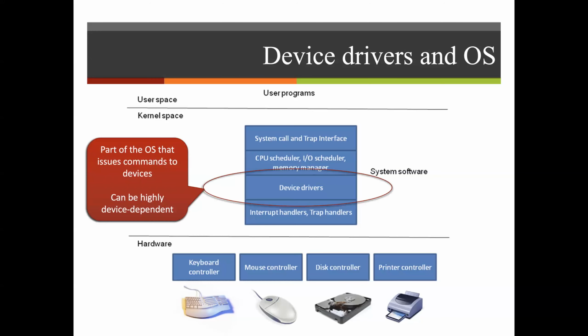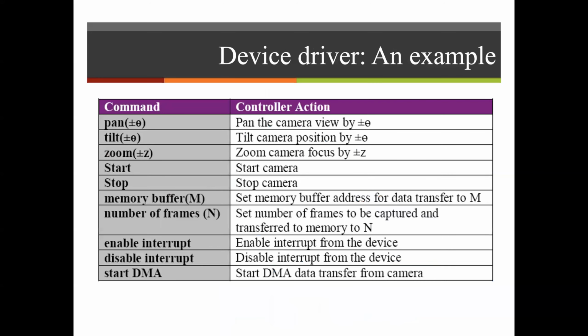And so our device drivers are going to be a part of the OS that issues commands for devices. And it can be very much device dependent since each device is going to need its own driver. And so in this case, we can consider an example of a device driver for a camera that enables pan, tilting, and zoom.